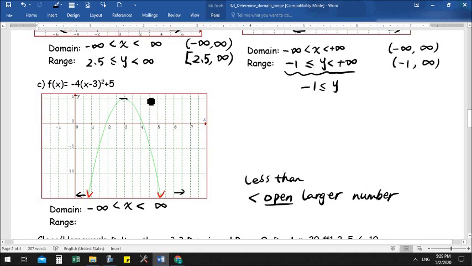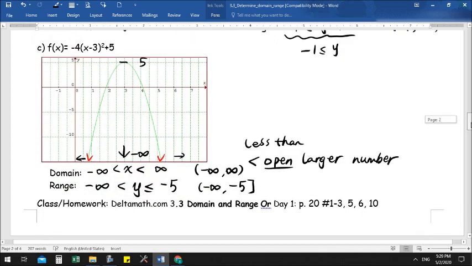And this one is 5, and the lowest point is -infinity. So we just copy: this one is less than, this one is less than or equal to. And the interval notation is this way, -infinity and -5 with a squared bracket.